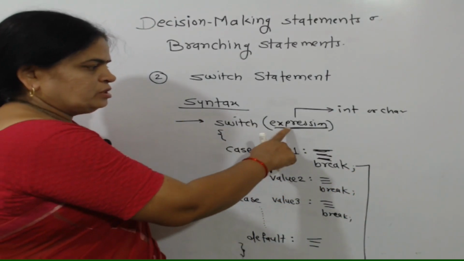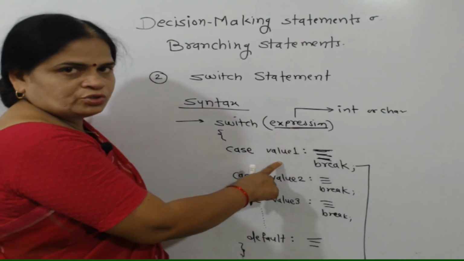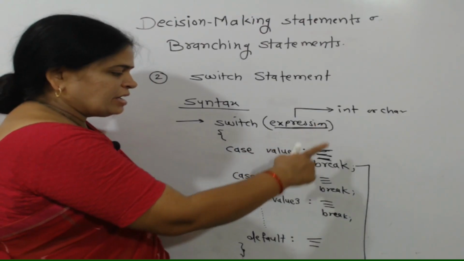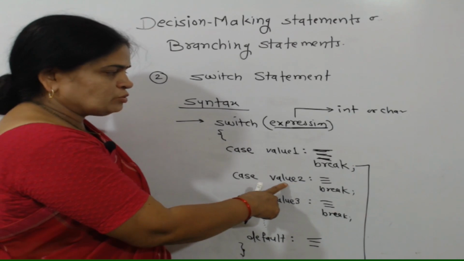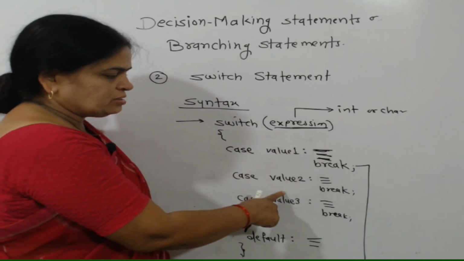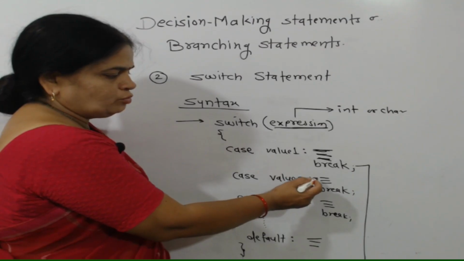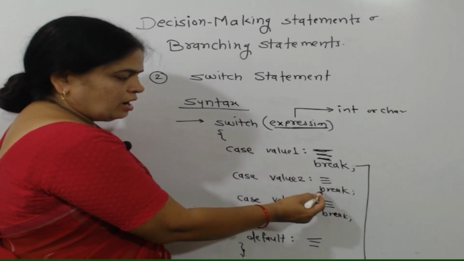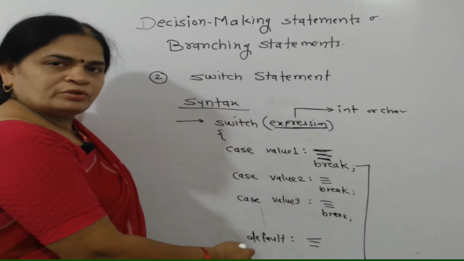But if this value doesn't match, then the same expression value will be matched with value 2. If these two match, then the statements after value 2 will be executed. Again with the break statement, control will transfer to the end of the switch statement.